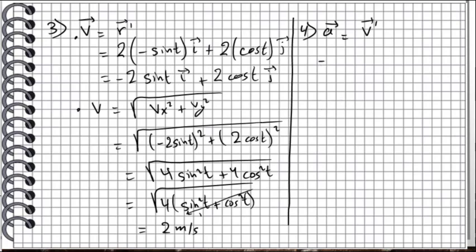So it will be minus 2 untouched cosine t along i plus 2 times the derivative of cosine, which is minus sine t, along j. A little arrangement: it's minus 2 cosine t along i minus 2 sine t along j. And don't forget each time to say the SI unit. Here I forgot it too.